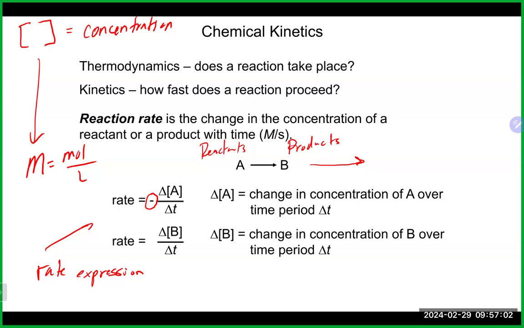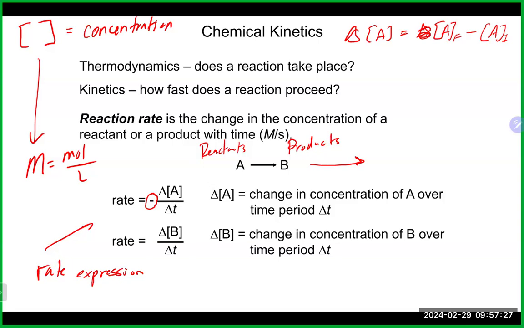So when we take a change of something, like the change in the concentration of A, that is usually the final concentration of A minus the initial concentration of A. That's usually how you take a change of something, final minus initial.